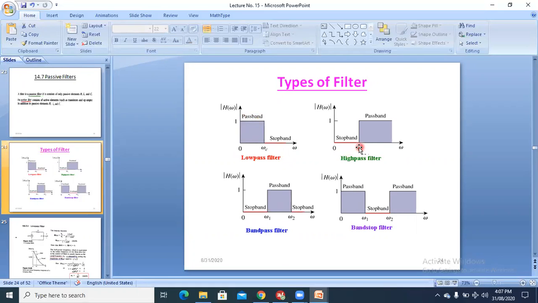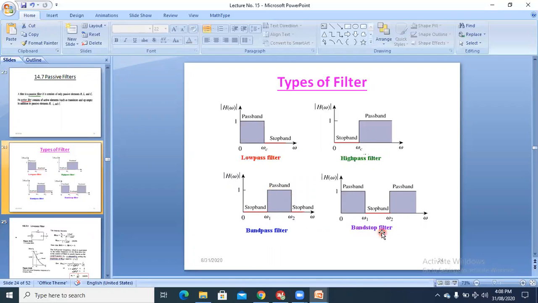The high pass filter is the inverse of the low pass filter. It stops the frequencies up till this cutoff frequency and allows the higher range of frequencies to pass. And a band pass filter is one which allows the range of frequencies between omega 1 and omega 2 to pass within this bandwidth.